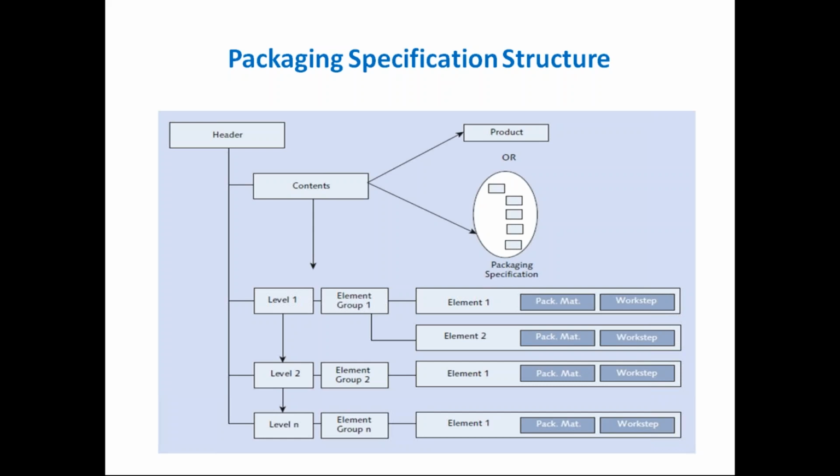Hot air guns are there. Applying hot air makes it airtight. Applying hot air is a work step here. The packaging material is shrink wrap. Shrink wrap and the work step of applying hot air, I can say, is an element.